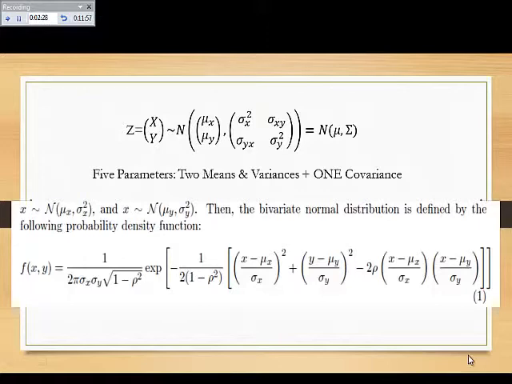If you look at the terms, it's useful to see that it's x minus mu over sigma, that's the standardization of x, squared, and then y minus mu over sigma, that's the standardization of y, squared, minus 2 rho times the standardized x and the standardized y, so it's the product of the two. That's enough to look at for the structure for now.